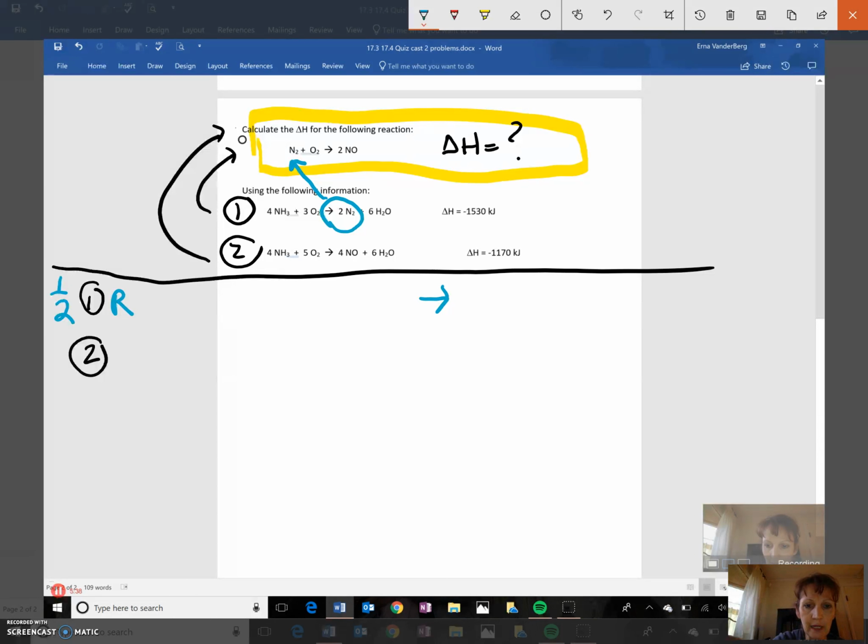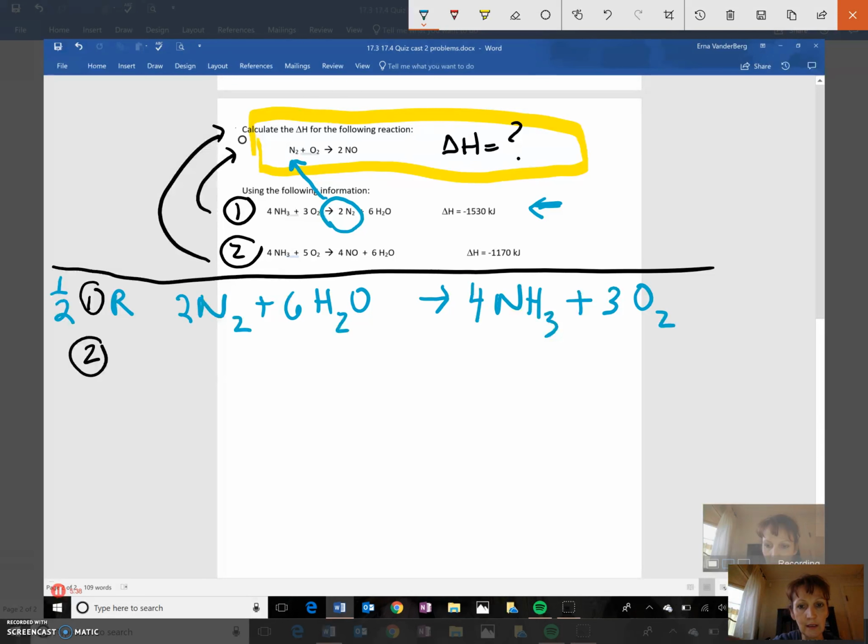Let's reverse the reaction. I'm looking right here and rewriting it now. I'm putting 2N2 and 6 H2Os on the opposite side, and I'm putting 4 NH3 and 3 O2s on the other side.